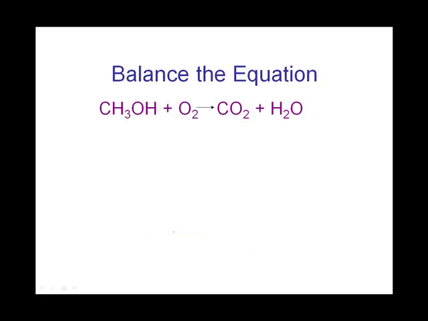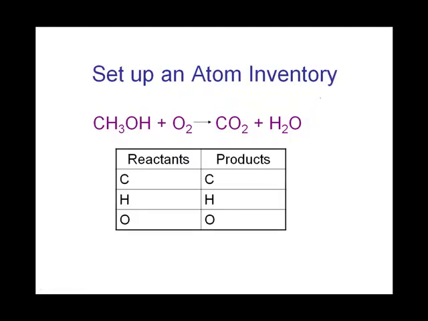Here's another example. This one you'll notice a polyatomic, but again it's not on this side of the equation. So you have to separate the elements. Okay? Here is your atom inventory, and what you should get is 1 atom of carbon, 4 atoms of hydrogen, and 3 atoms of oxygen.